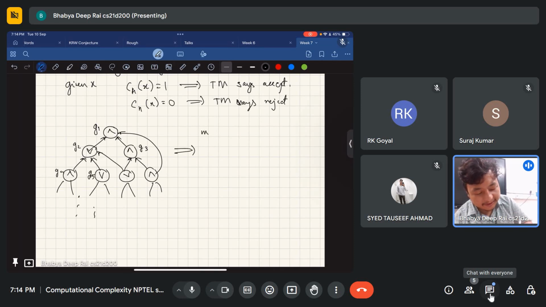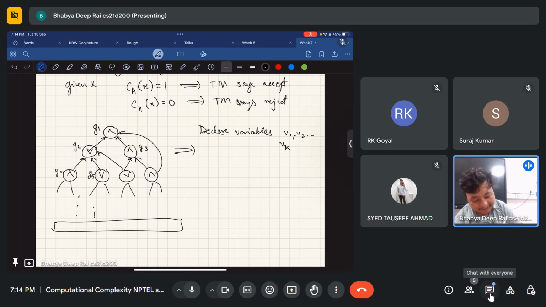So what you do is simply declare variables V1, V2, and so on till VK if there are K gates. And then you look at them level by level. You can do a BFS, going level by level from the opposite side, start from the inputs, and start evaluating each gate.